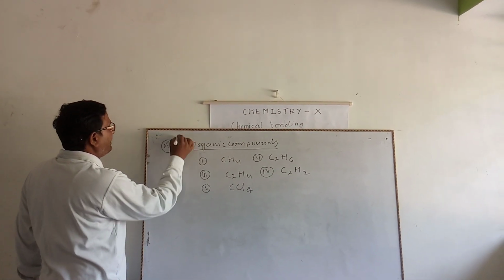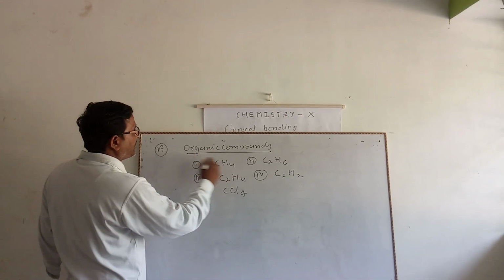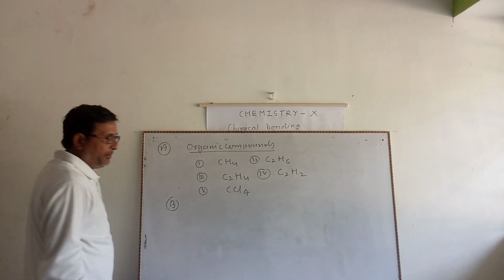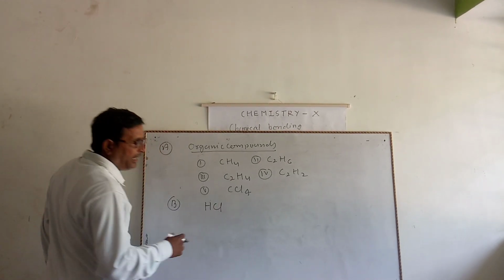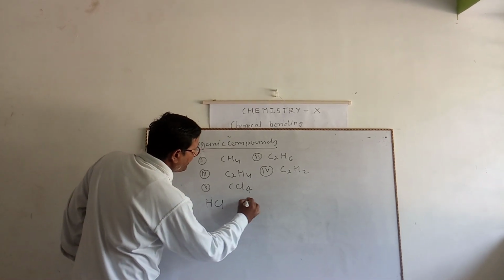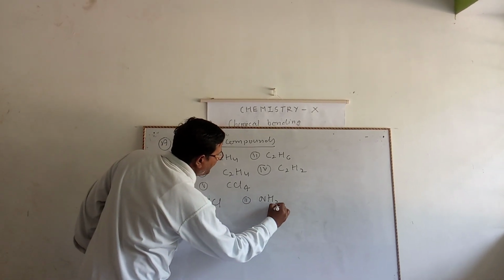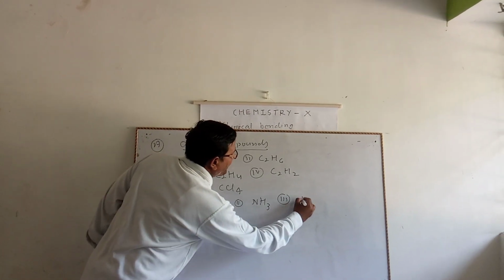This is homework A. Second, B: the formation of the following compounds. In that, hydrogen chloride gas or hydrochloric acid. Second one, formation of ammonia. Third one, nitric acid.